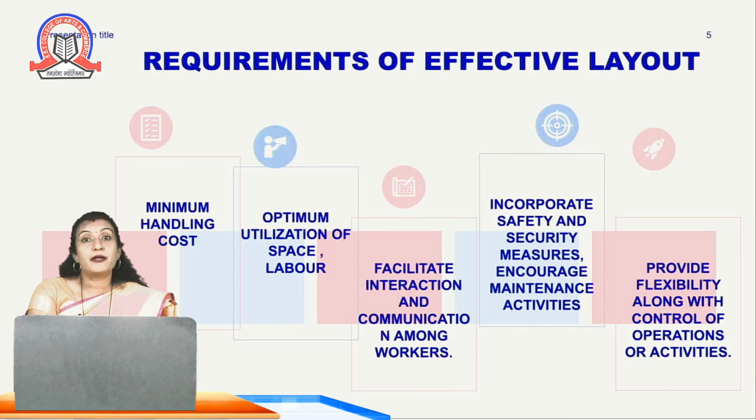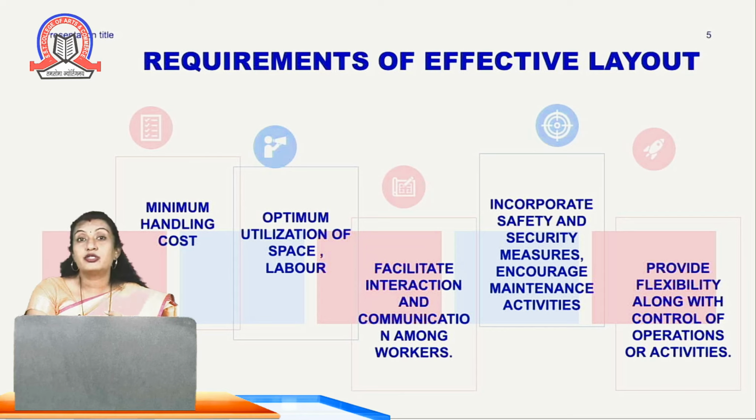Then the plant layout should be such that there are proper safety measures, because safety is a very important aspect in the plant premises, especially in the factories, because the chances of machine breakdowns, accidents or fire are higher.